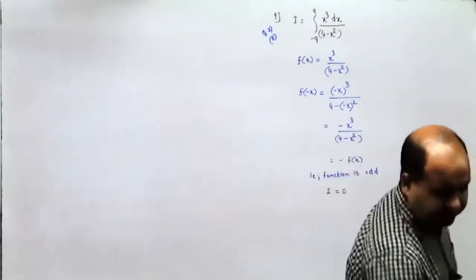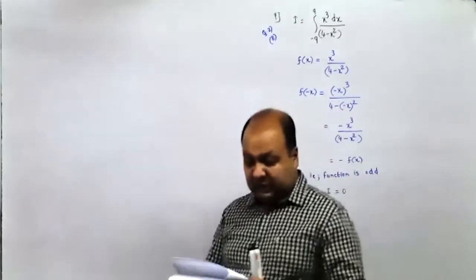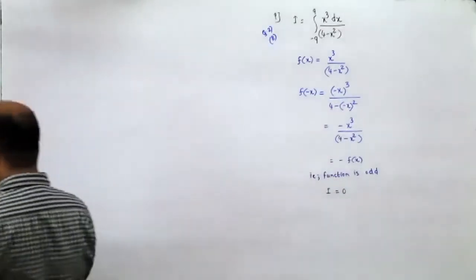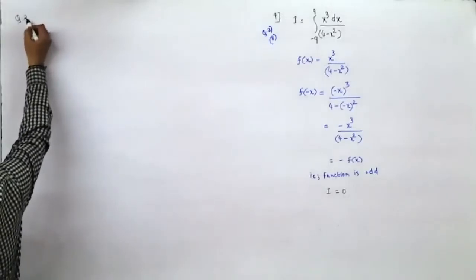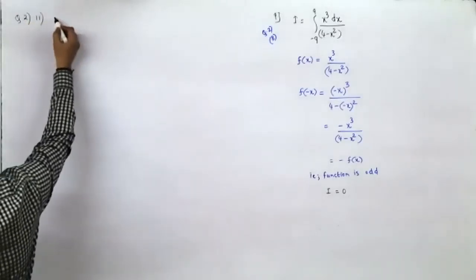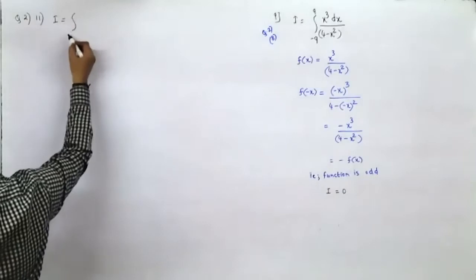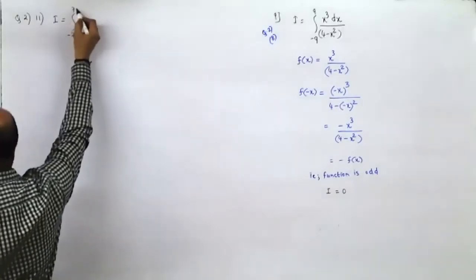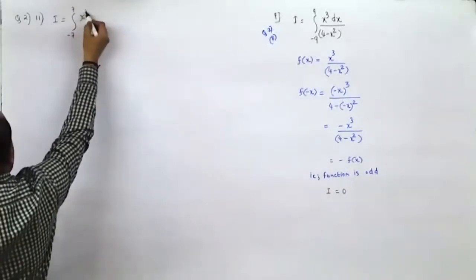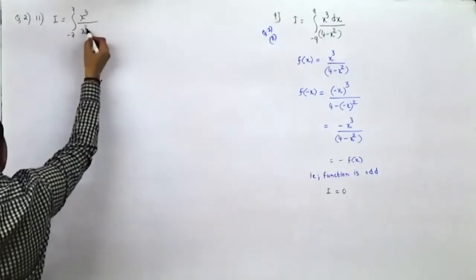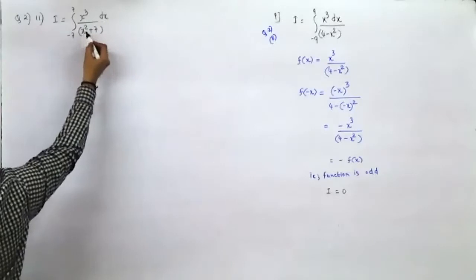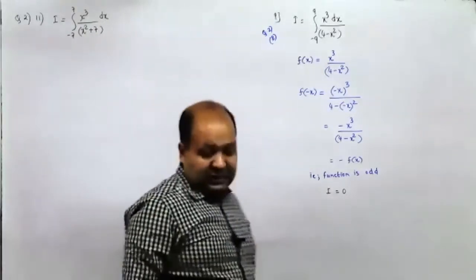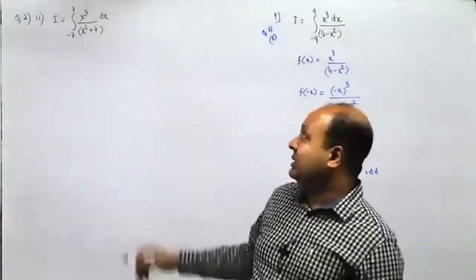Next, come to question number 2, the 11th part. I is integral minus 7 to 7 of x cube upon x squared plus 7 dx. Now, again, the lower and the upper limits are the same.